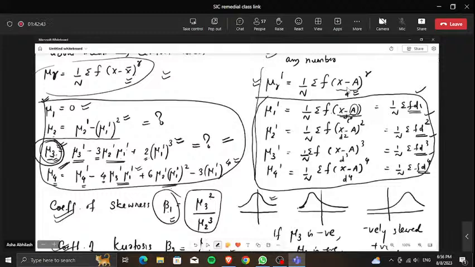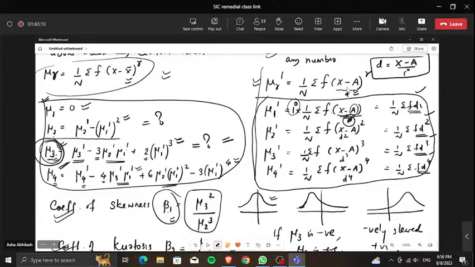So if you have taken D equal to X minus A divided by your class interval, when you are finding this mu1 dash, you have to multiply it by I. This is your D. If your D is taken as divided by I, then for mu1 dash you have to multiply it by I, then this I and this I will cancel.